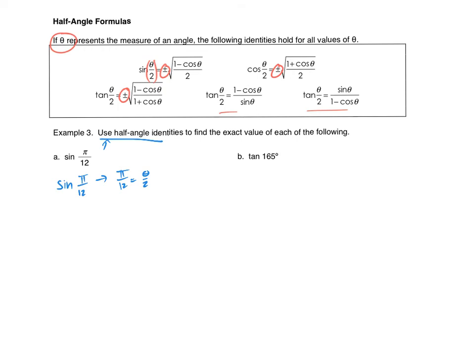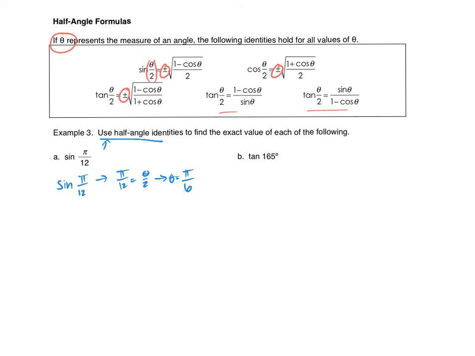That's our half angle, which means that theta equals 2 pi over 12, or pi over 6. So in order to do that, my first step needs to be to find theta. After that, I have to figure out what goes into my identity.